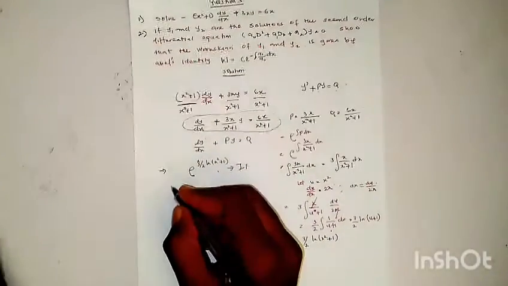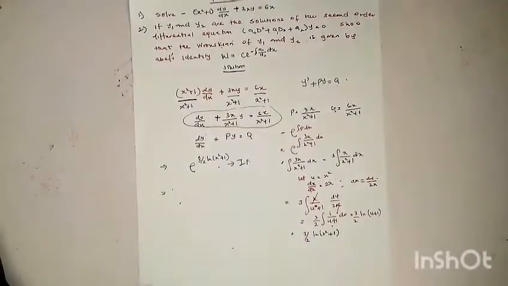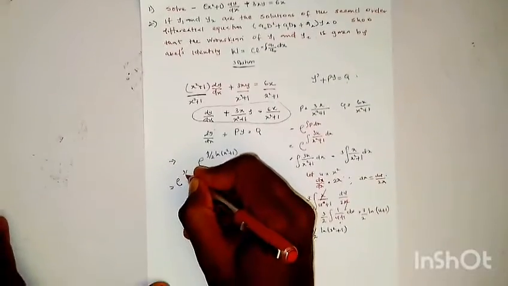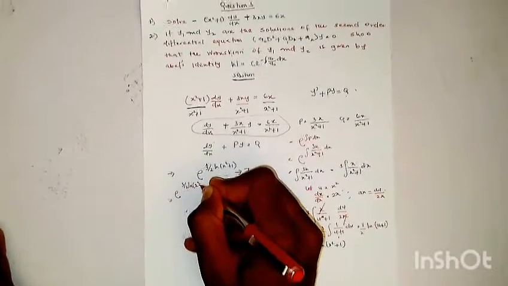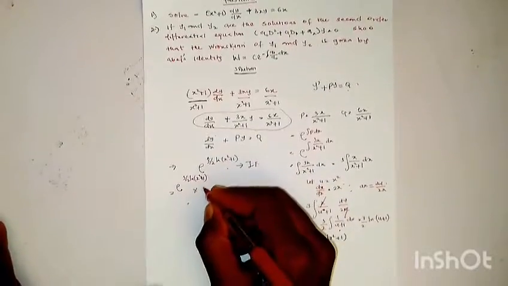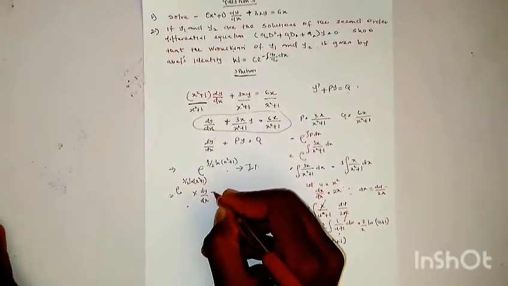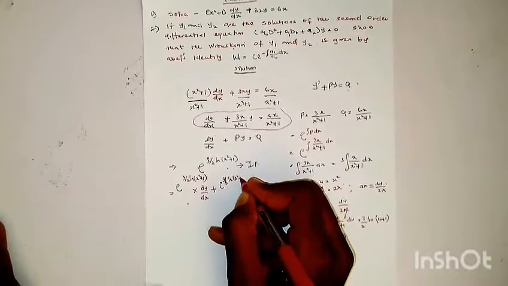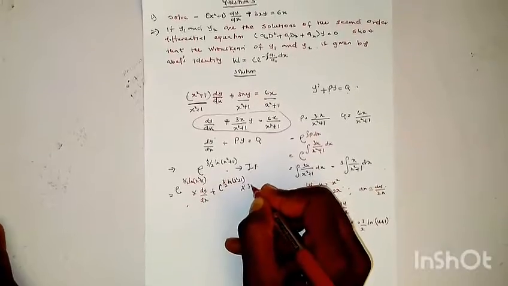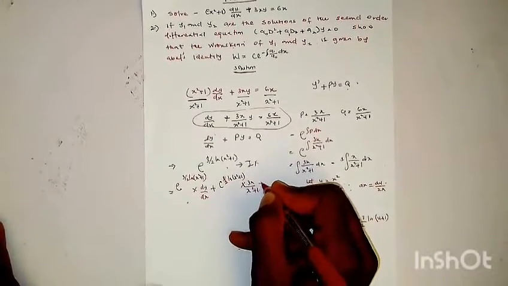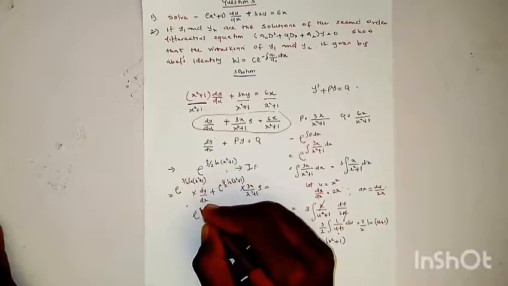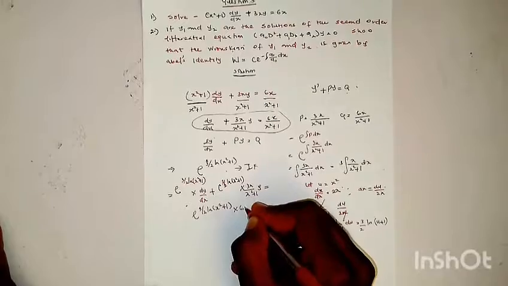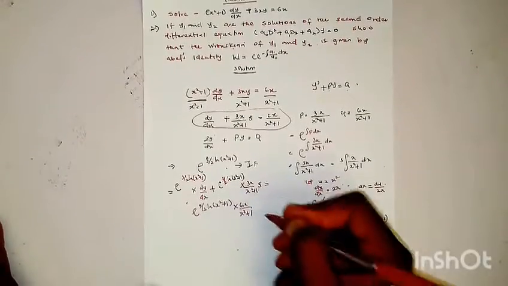So this gives me exponential 3 over 2 ln x squared plus 1 times dy dx, plus exponential 3 over 2 ln x squared plus 1 times 3x over x squared plus 1 y equals exponential 3 over 2 ln x squared plus 1 times 6x over x squared plus 1.